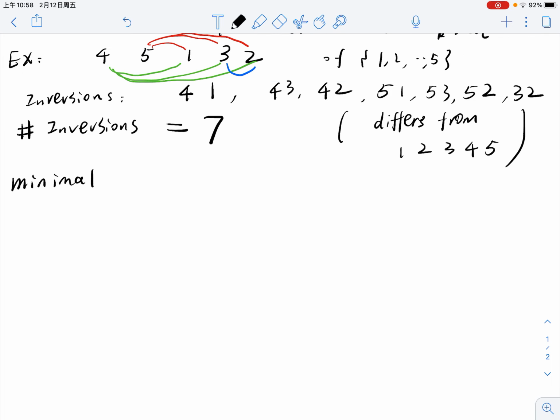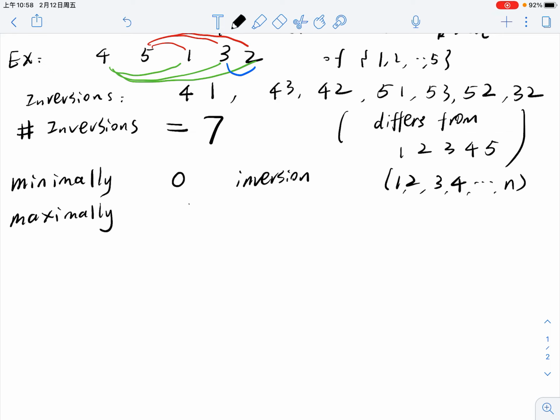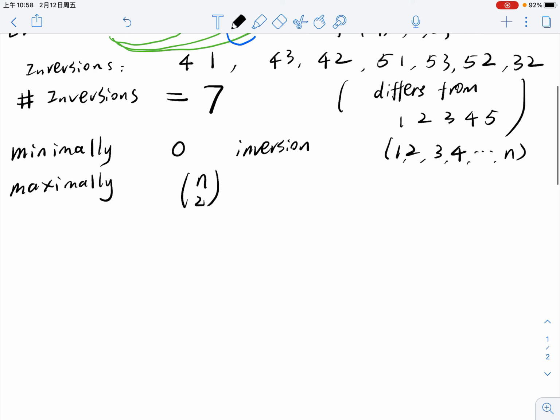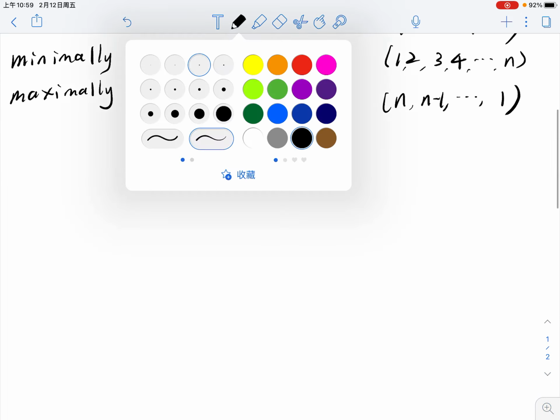Minimally, you can have 0 inversions in total. That corresponds to the identity permutation. And maximally, you can check that for a permutation of n elements, at most you can have n choose 2 inversions. That corresponds to the permutation n, n minus 1, all the way to 1. You can prove this, and I leave it to you.